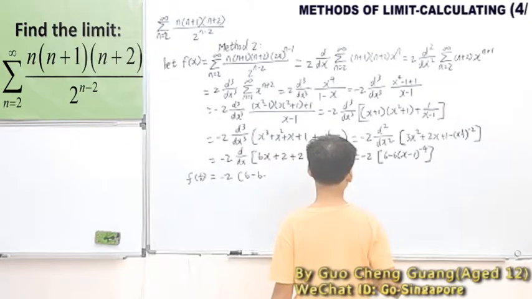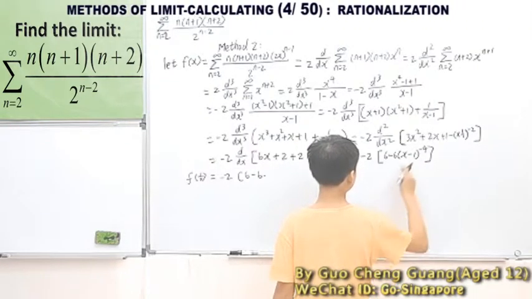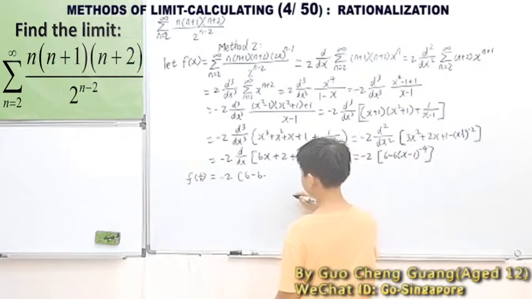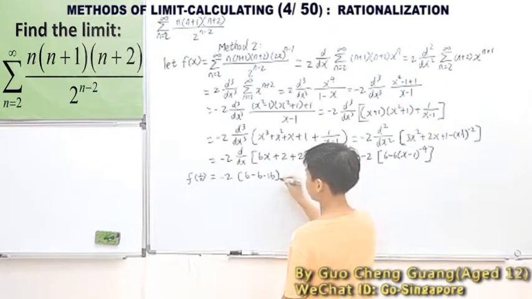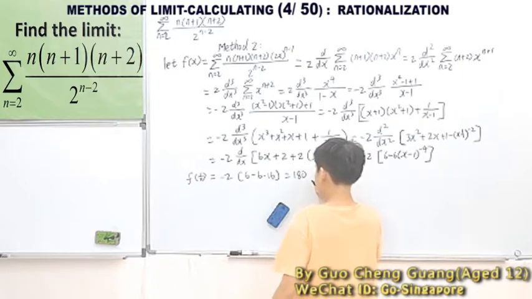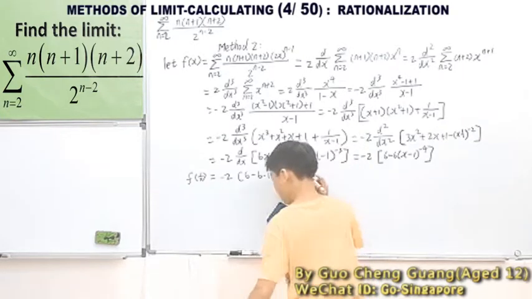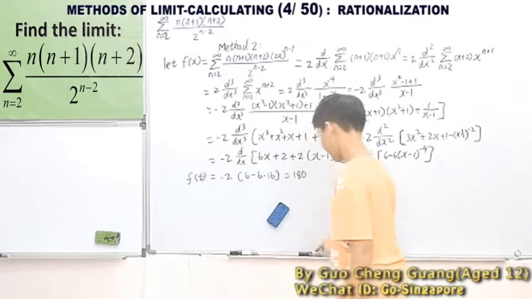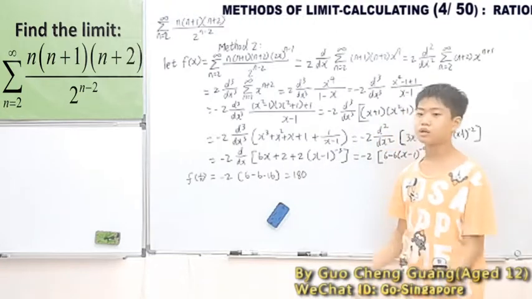What is this part? So you have 2 to the power of 4. So basically 2 to the power of 4 is just 16. 96. 90. 180. Still the same answer. So basically it's correct, unless you made the same mistake.